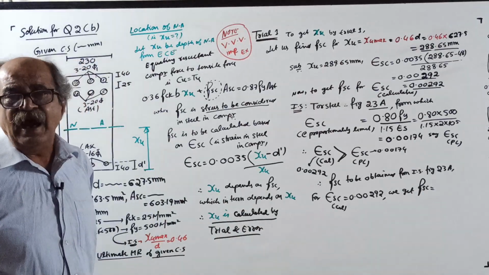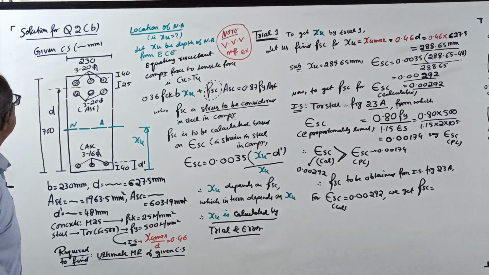Rectangular section of an RC beam has width of 230 millimeter and overall depth of 700 millimeter. The beam is reinforced on the tension side by 6 bars of 20 mm diameter in 2 rows of 3 bars each, at a clear cover of 40 millimeter and clearance of 25 millimeter between the 2 rows.